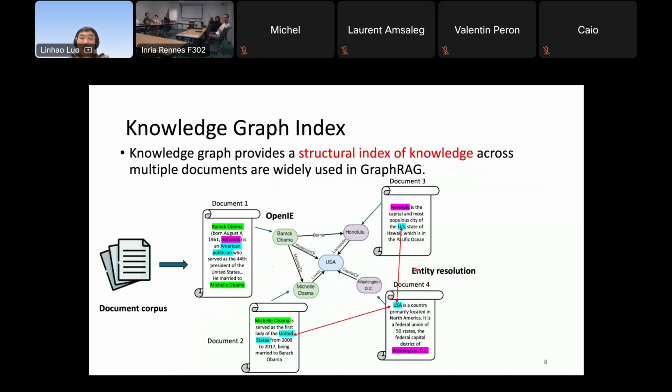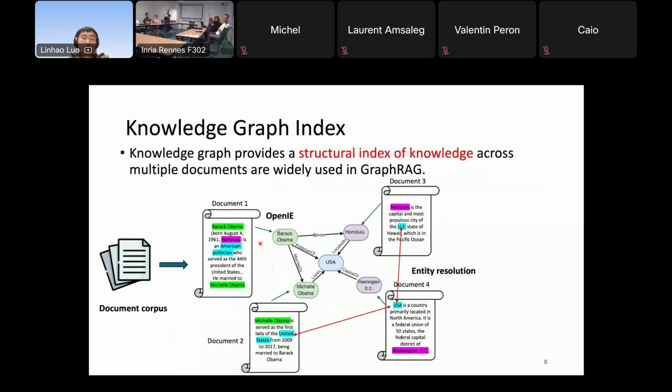For example, say we have four different documents. They all describe something about Barack Obama and the United States. For each document, we can extract the triples, basically the facts mentioned in each document. Then based on these facts, we can construct a knowledge graph. We can utilize some open information extraction tools to extract it.